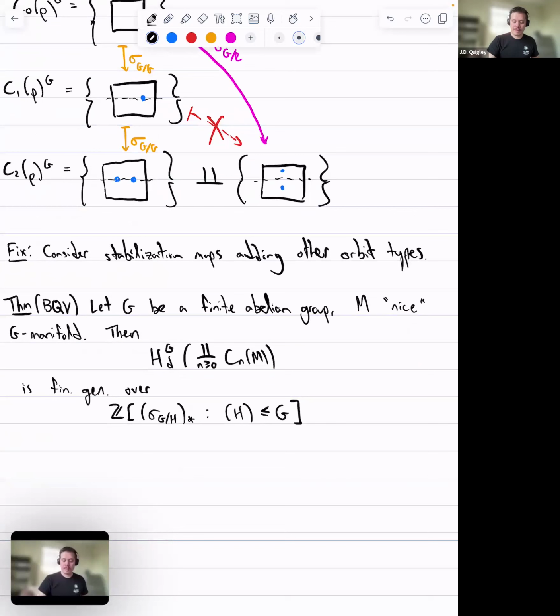Okay. All right, so that's our homological stability statement, or our Bredon homological stability statement.